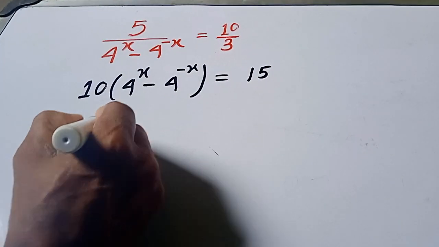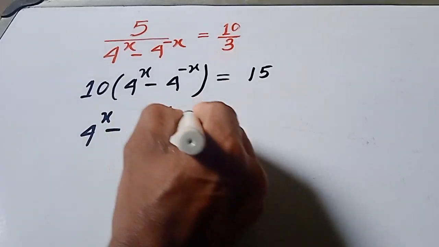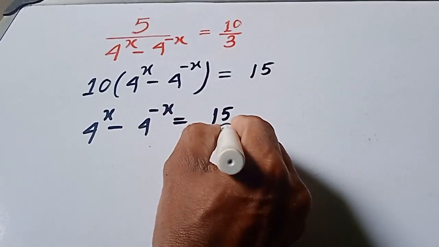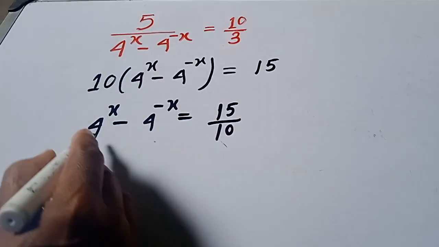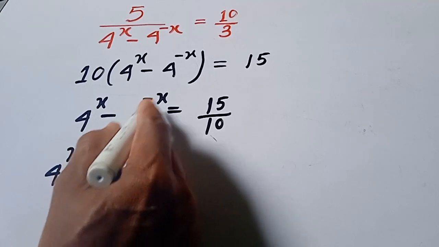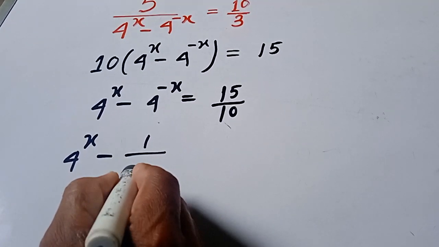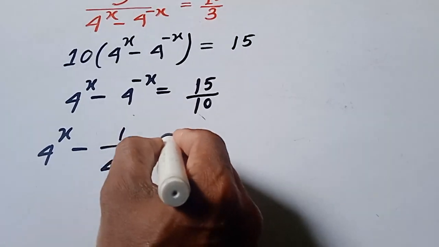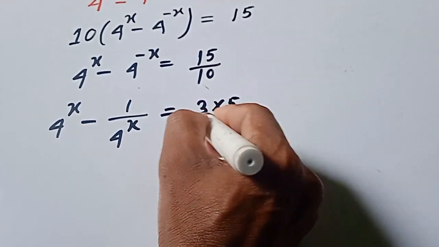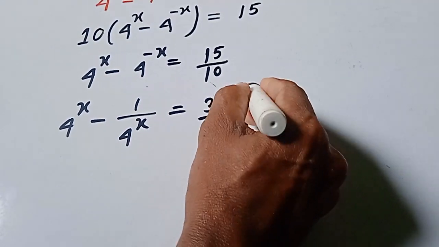Then 4^x - 4^(-x) is equal to 15/10. Here, 4^(-x) we can write as 1/4^x. So 4^x - 1/4^x is equal to 3/2, since 3 times 5 and 2 times 5, then 5 cancels.